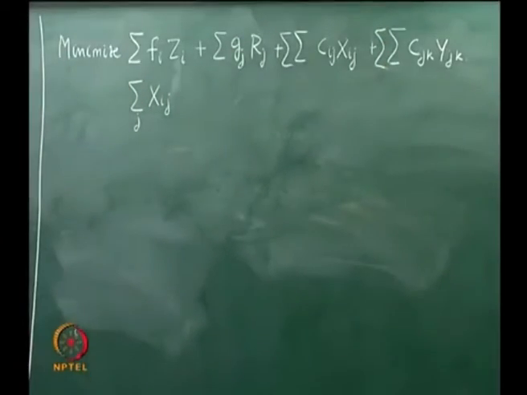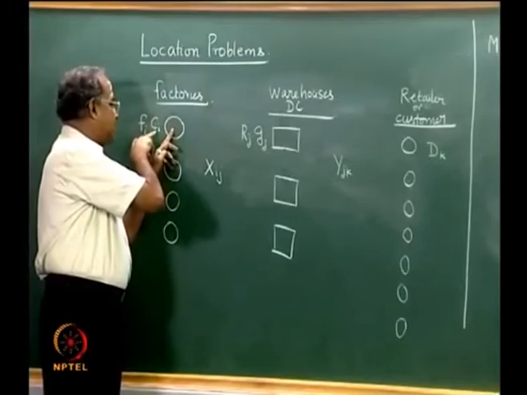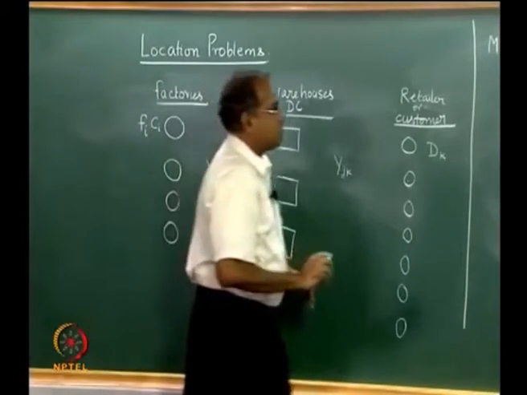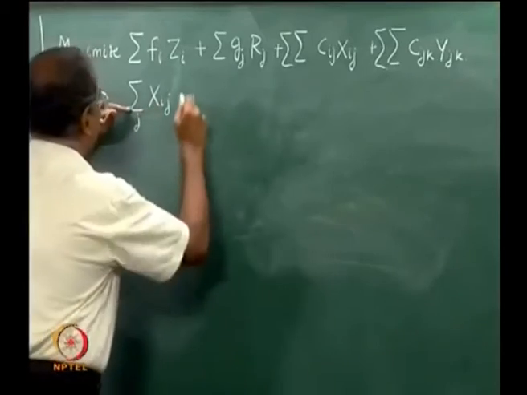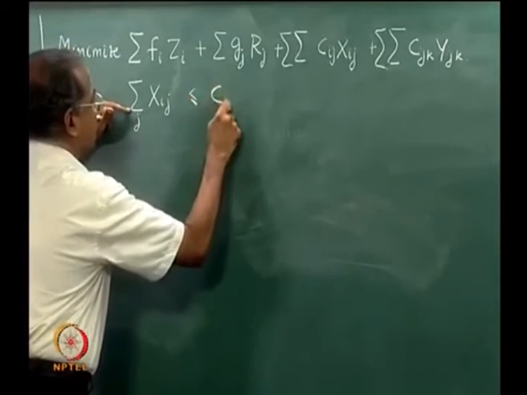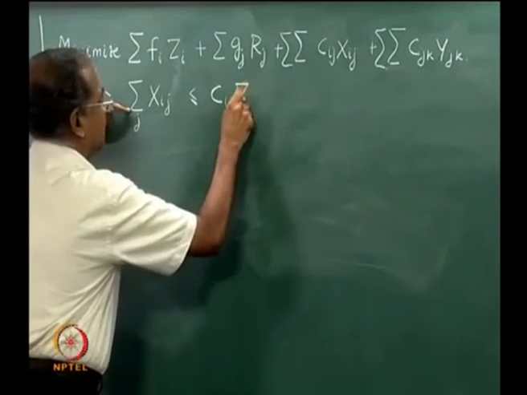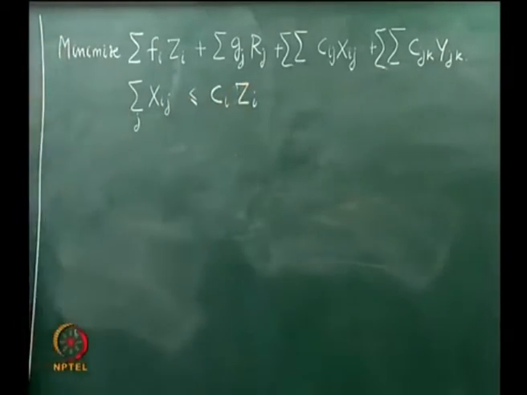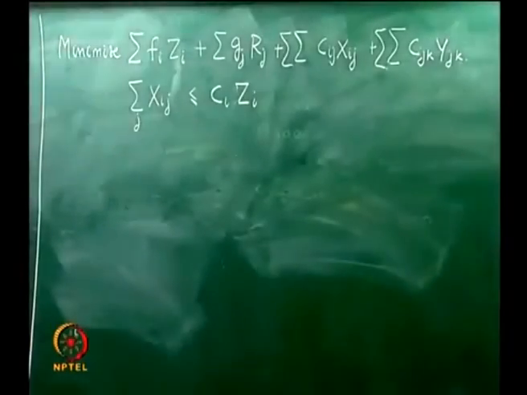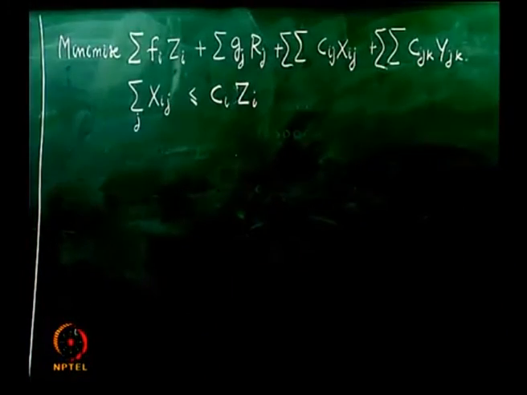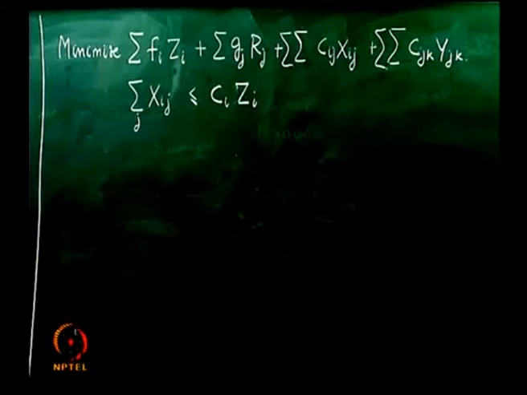So, whatever goes out of this should be less than or equal to its capacity Ci. So, sigma Xij summed over all j should be less than or equal to Ci into Zi. Zi comes in only when the facility is chosen, I can move something out of it. So, whatever goes out is less than or equal to Ci Zi.